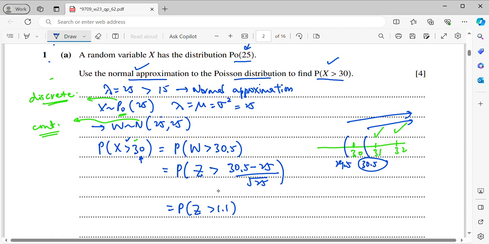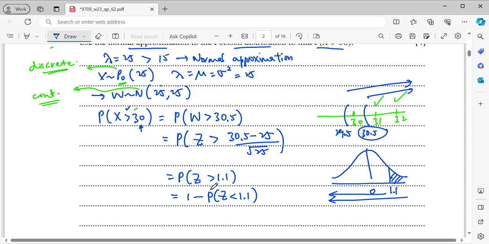When greater than 1.1, now we need to sketch a graph and get the region. The middle value is 0 because it's symmetrical at 0, and 1.1 is on the right side. When greater than 1.1, the region is towards the right side, but when you refer to the normal table, the region is always towards the left side. So I have to use the total region, which is 1, minus the region towards the left side, which is P(Z less than 1.1).